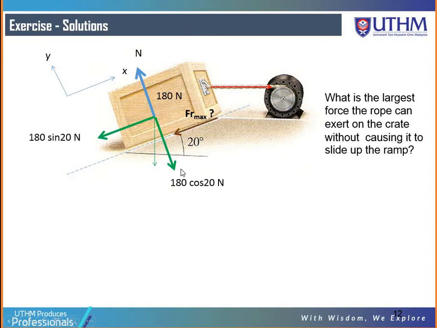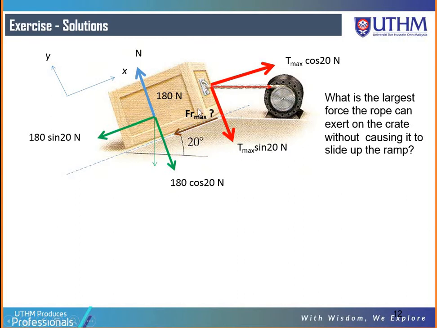The same applies for the components of the weight, 180 cos 20 and 180 sin 20, but the difference is T max, because we are looking for the maximum tension allowable for the rope. So we put T max cos 20 and T max sin 20.